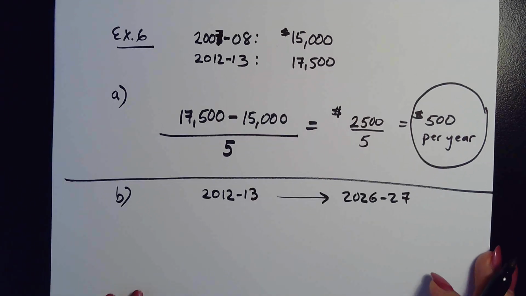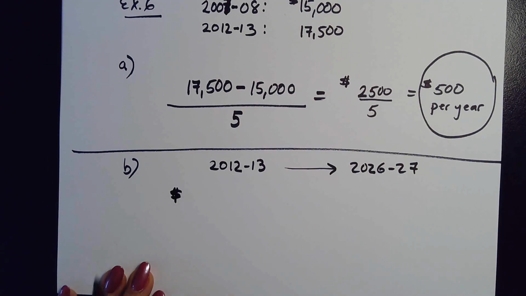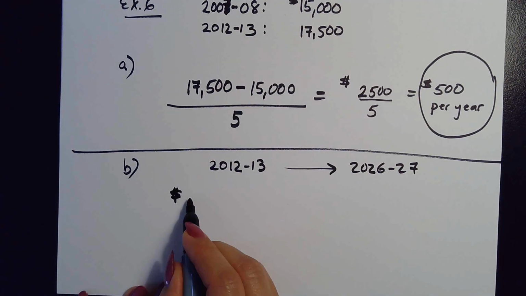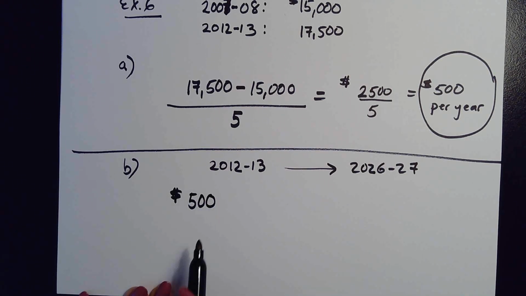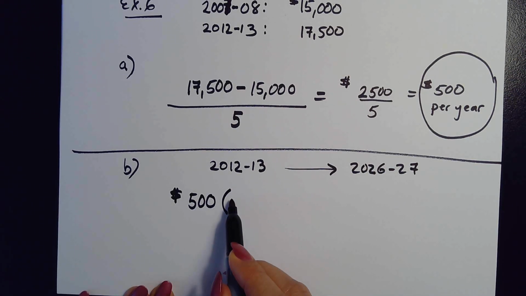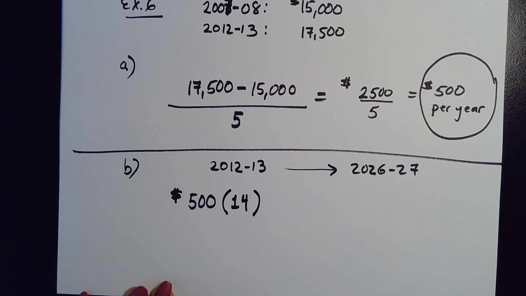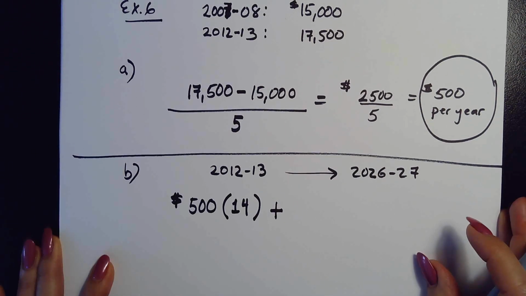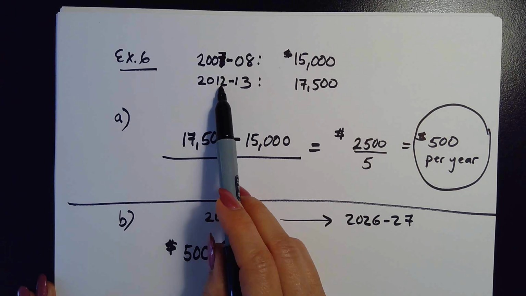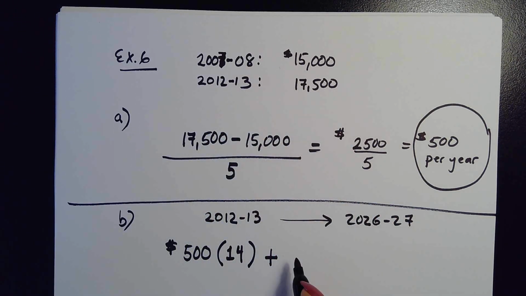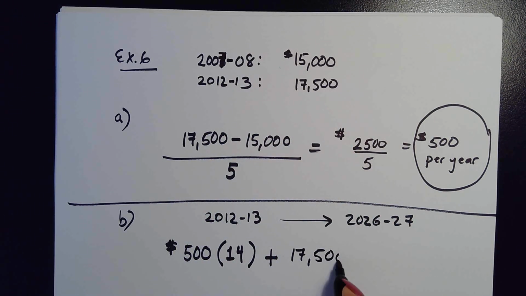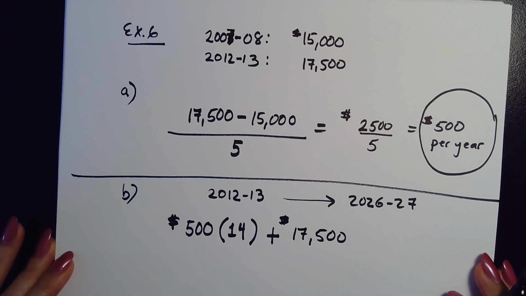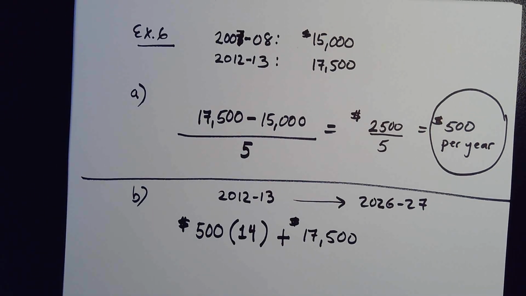So I know that, how do I calculate the new tuition there? There's an increase of $500 per year, times 14 years, right? And then I'm going to add the original value of the 2012 cost. Back to A here. In 2012-2013, tuition was $17,500. So you're going to calculate if the trend continues, right?